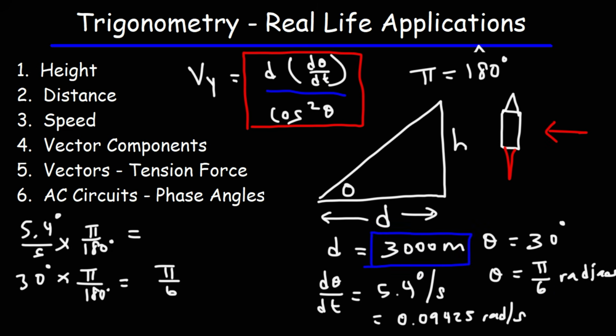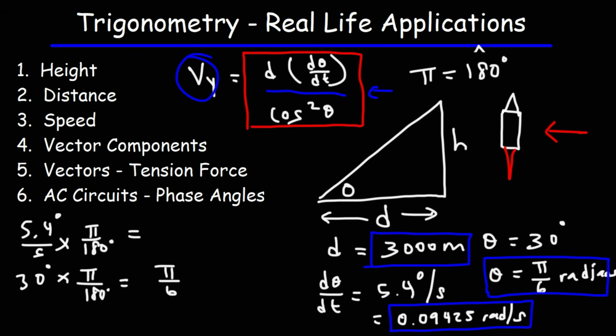So we have the horizontal distance, we have the angle in radians, and we have d theta dt in radians per second. Once you plug that in, that will give you the vertical speed of the rocket, the instantaneous vertical speed of the rocket.